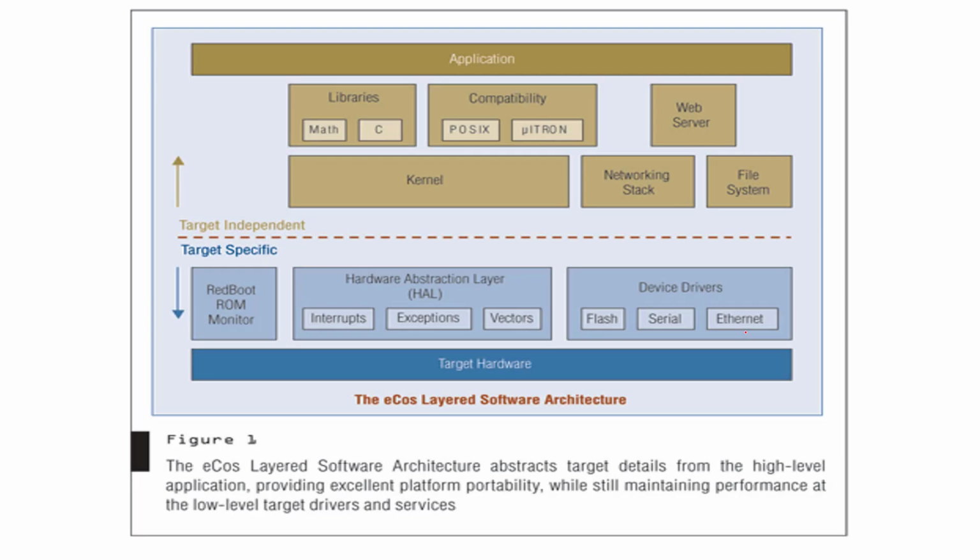If I were to show a diagram, if I start from the top, mind you, there is no user and kernel over here. It's all kernel. So we have applications, we have C libraries, compatibility libraries with POSIX and Metron, compatible with both. It supports a very simple web server, a very simple networking stack and file systems.